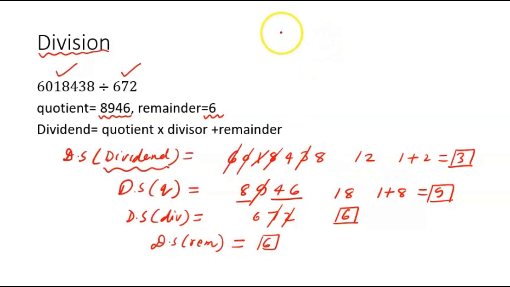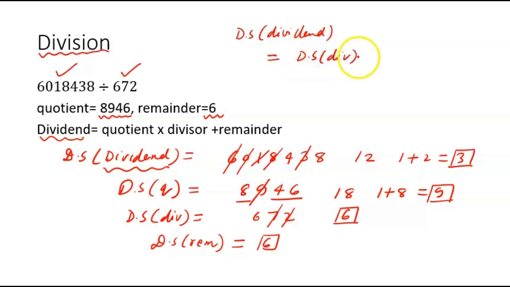Now the concept that we are going to use is that the digit sum of the dividend should be equal to the digit sum of the divisor into the digit sum of the quotient, plus the digit sum of the remainder, right?